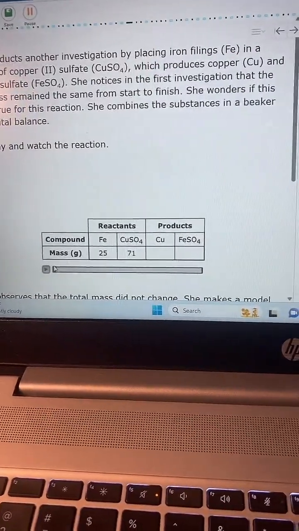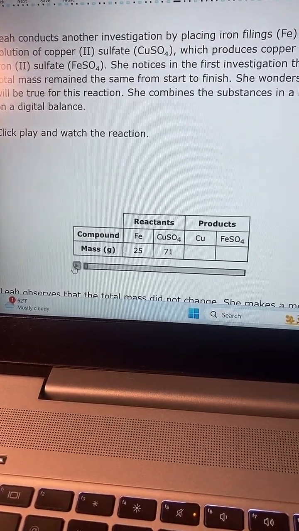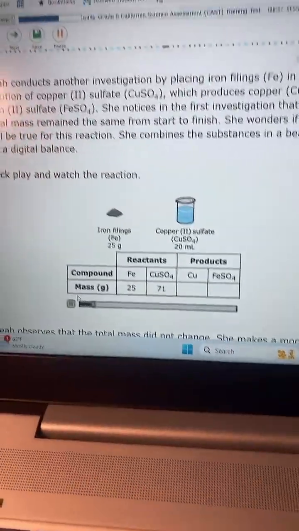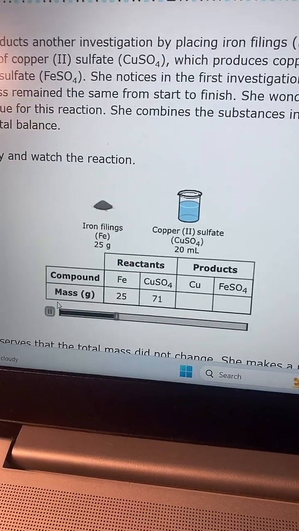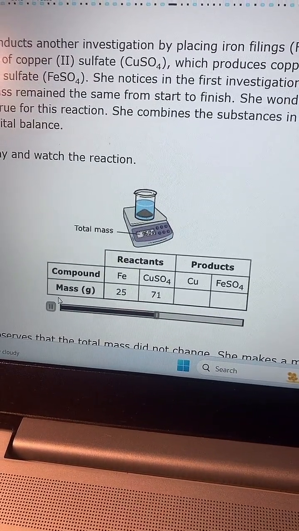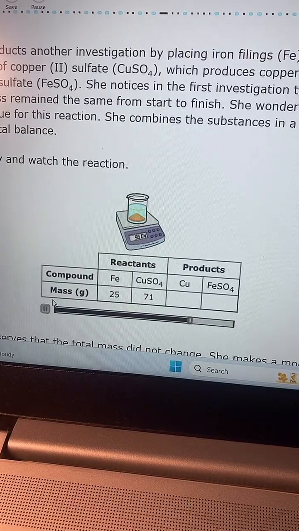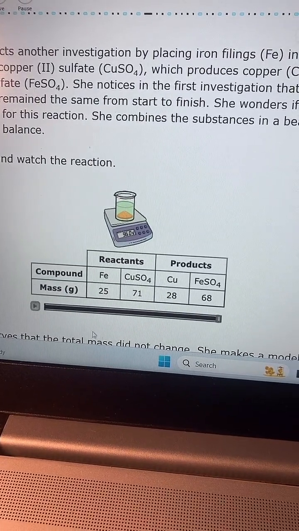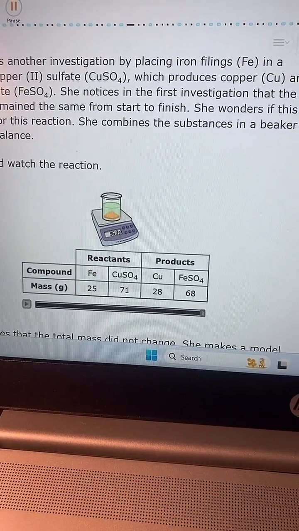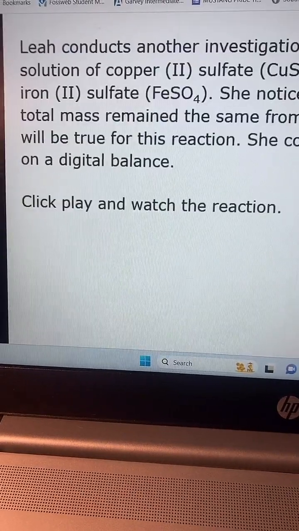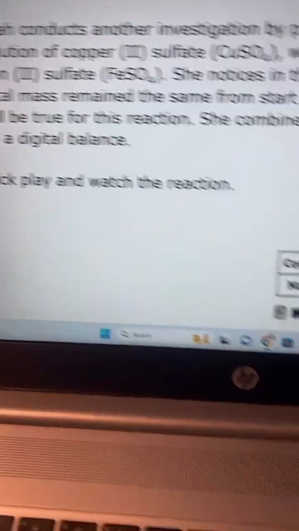So watch the reaction here. She takes her reactants, the iron and the copper, she puts them together, and she gets that. So let's go back to our thing now. Watch the reaction. So here's when we're done.